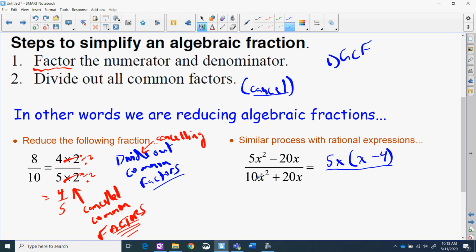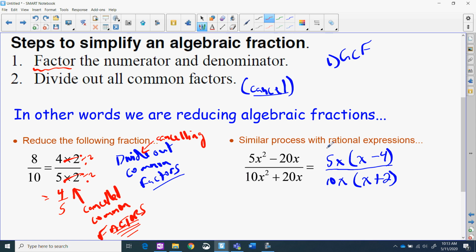The denominator, I see a GCF of 10 and also x. When I take out that, I'm going to be left with x plus 2 as my other factor. So if you look at this, you end up with, in the numerator, 3 factors.